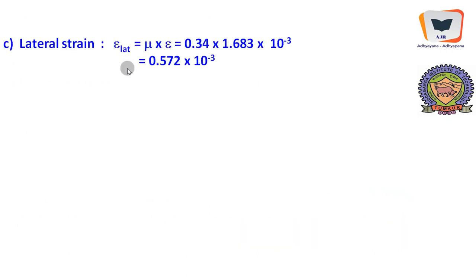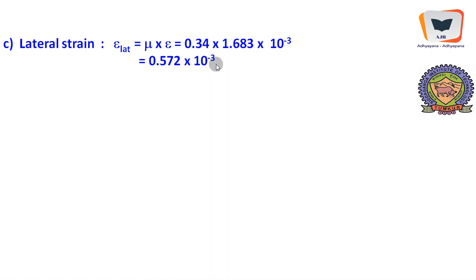Lateral strain is a function of longitudinal strain, but it should be multiplied by a factor. That factor is none other than the Poisson's ratio. The meaning of Poisson's ratio being 0.34 is that the lateral strain is 34% of the longitudinal strain.